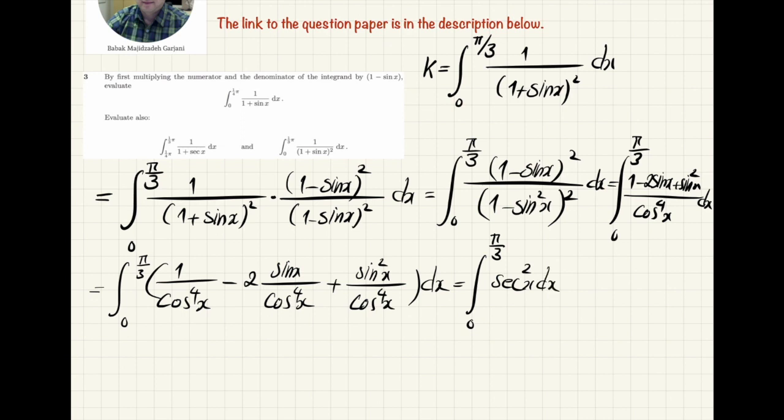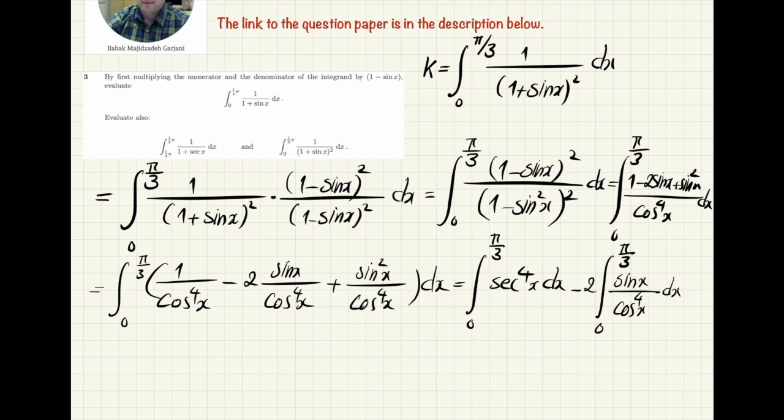Sorry, this is not 2, this is secant to the 4. And then the next one, I can write it as minus 2 integral sine x divided by cosine to the power of 4x dx. Let me keep it that way. X goes from 0 to pi over 3.